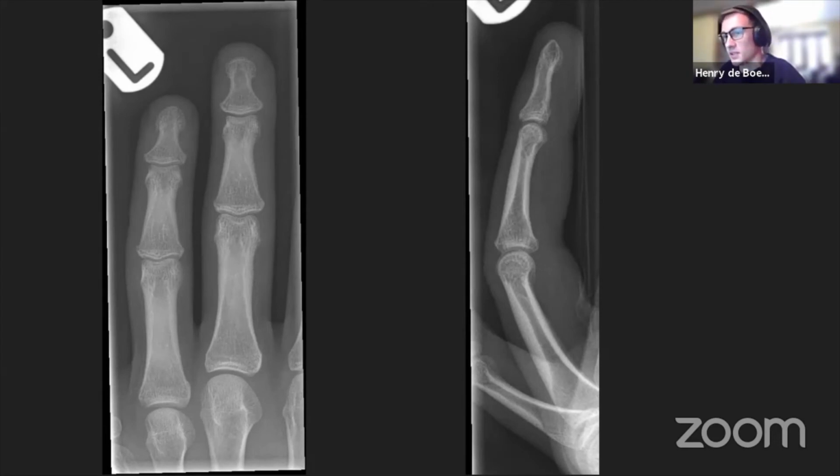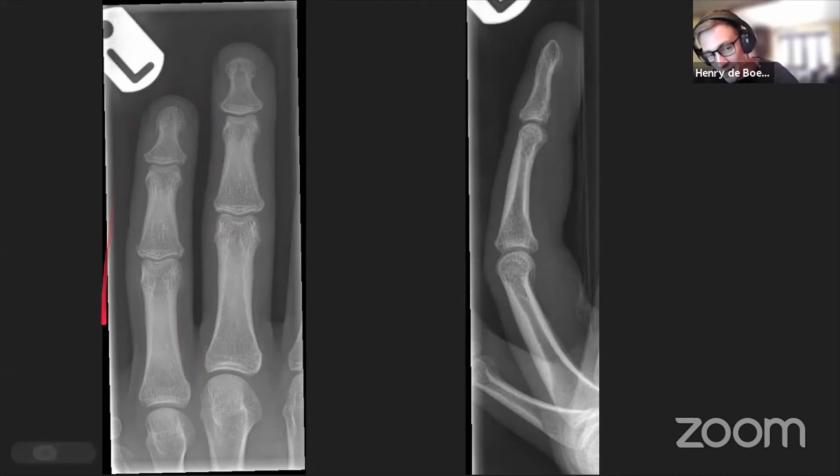Okay, so starting to get a few answers. Yeah, people saying normal. Yes. Question, is the transparency normal? So the alignment, both views, is normal. There's no fracture.